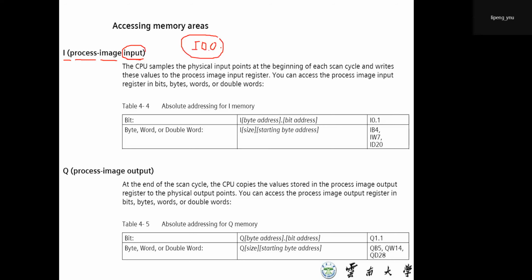And the signal has only two states, 0 or 1. So we can see this. And Q is output signal, such as Q1.3.